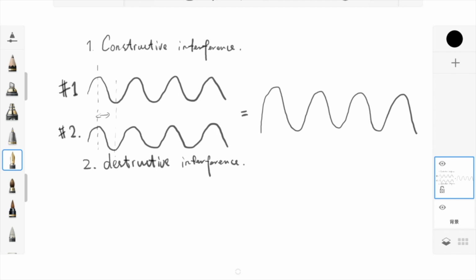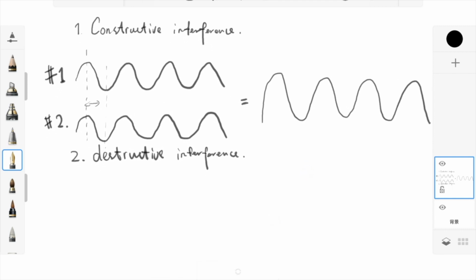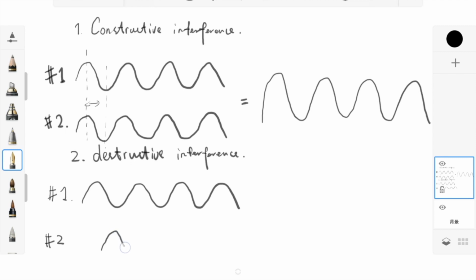So we come to destructive wave interference. Say number 1 is a wave here, then number 2 has moved.